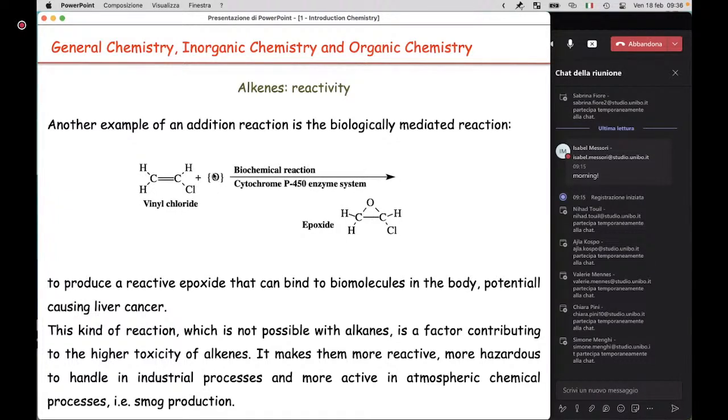Because oxygen is quite common in biological tissues, many alkenes can form this kind of epoxide, and this kind of epoxide is really reactive and really toxic. So alkenes are more reactive and thus also, generally speaking, more toxic than alkanes.